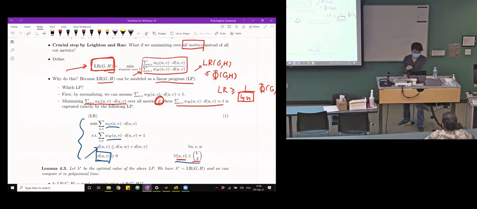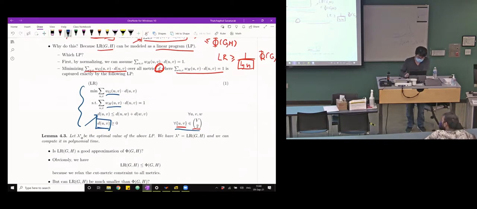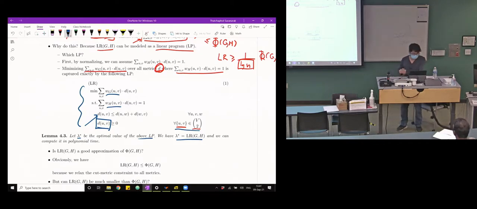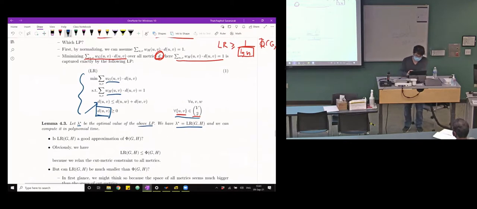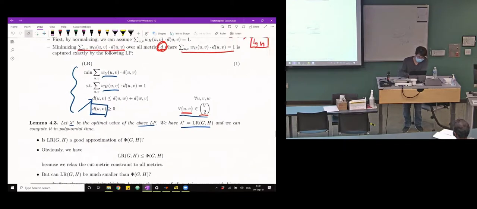Okay. So now if we just compute the optimal value of the above LP, this is just the LRGH, right? So now we can compute this relaxation, and obviously LRGH is at most the H expansion of G, because this is a relaxation.